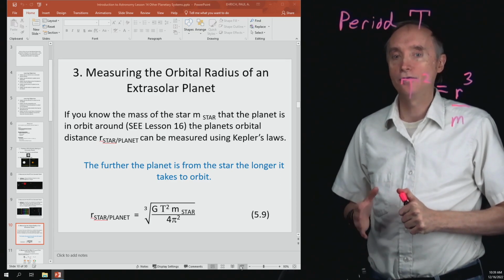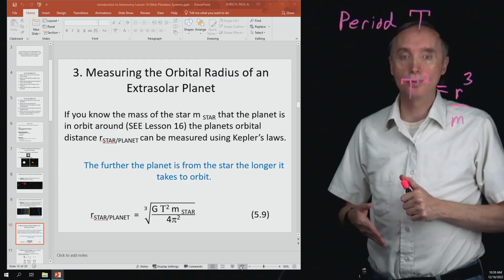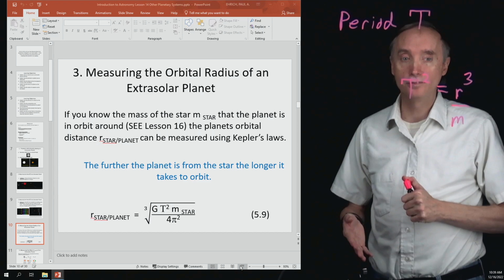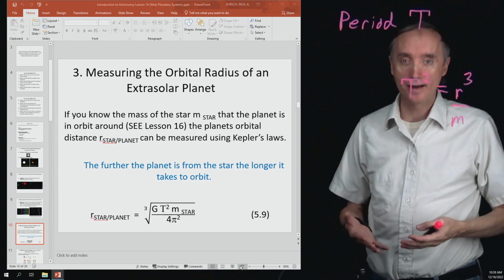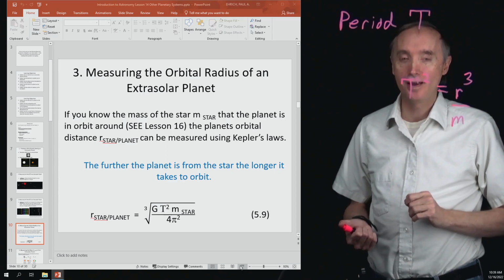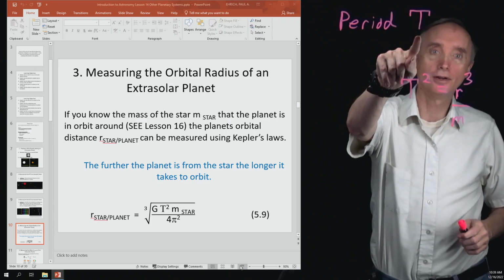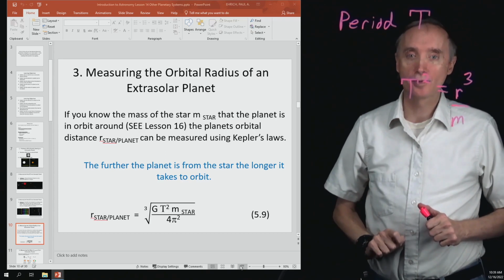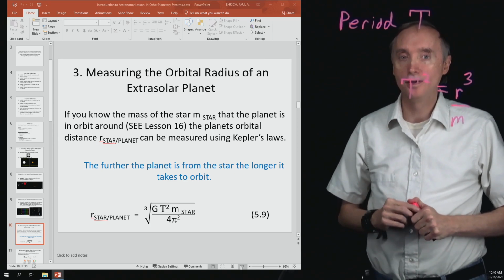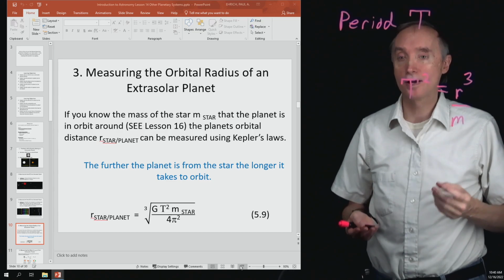And so now we can figure out the distance from the star to the planet if we know the mass of the star, which we'll be able to know once we have done lesson number 16. And if we know the period, but we know the period from up here. So from the previous segment, we learned how to measure the period of a planet as it goes around its sun.